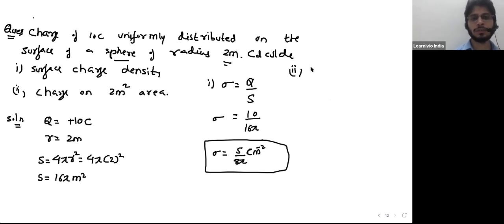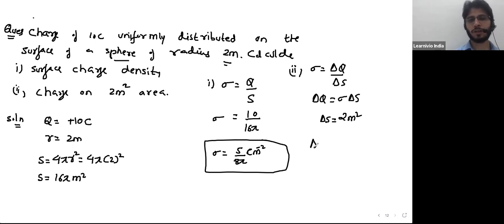Okay. Second, I can write this sigma as delta Q over delta S. So I can write delta Q as sigma delta S. Delta S is 2 meters square here, and sigma is 5 by 8 pi. So delta Q is 5 over 8 pi multiplied by 2.